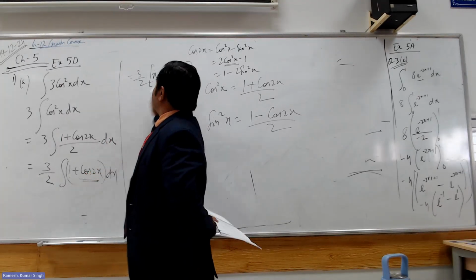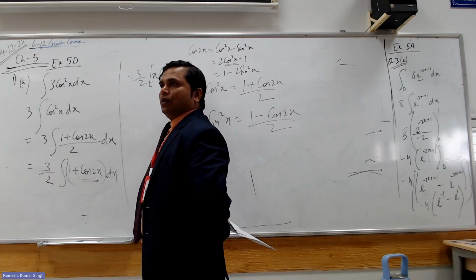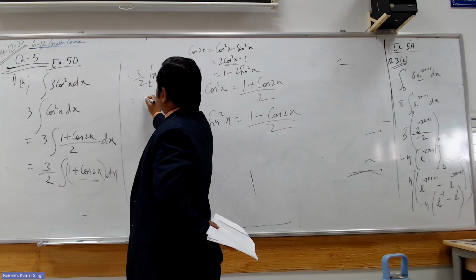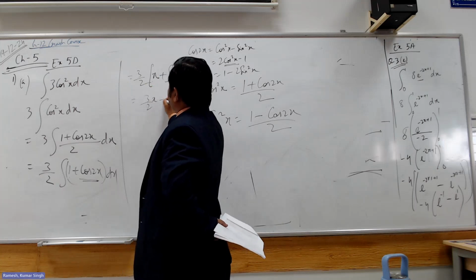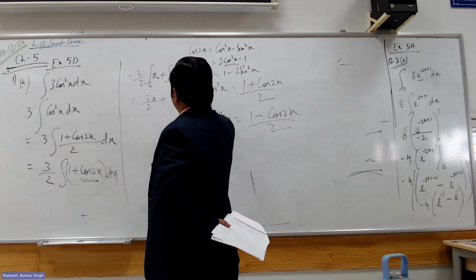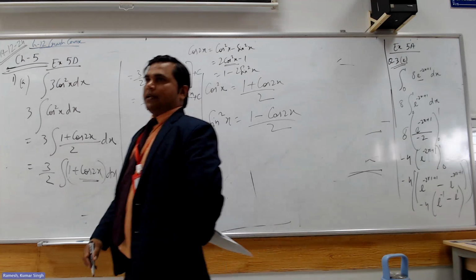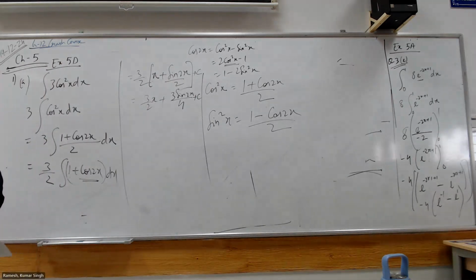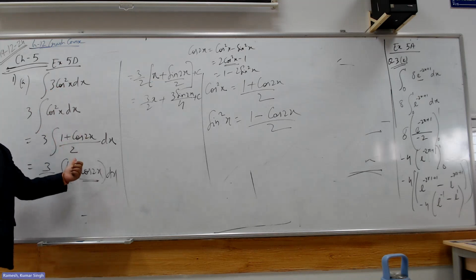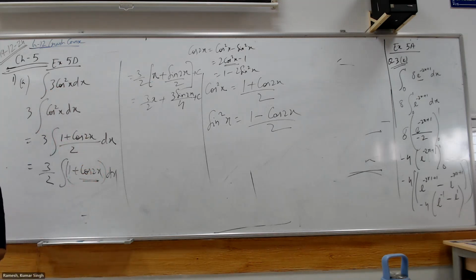Integration of cos 2x is sine 2x divided by 2, plus C. Just simplify. So you're going to get 3 over 2 x plus 3 sine 2x over 4 plus C. That's the answer. Is that clear? Yeah, cos square x you need to convert to this form, then you can do it. Take a note.